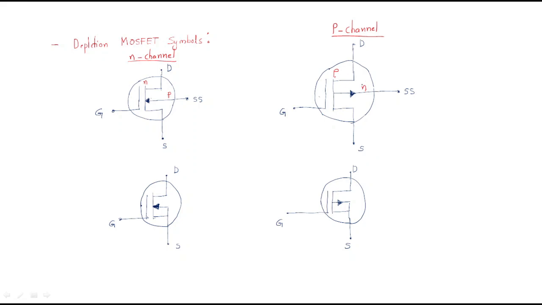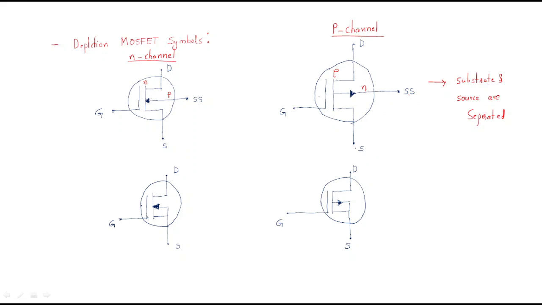The p channel and n channel are the same. The p channel and the gate are insulated from each other, that's why there is a gap between them. The source terminal is connected to this p type channel, and the drain terminal is also connected to the p type channel. Here the substrate and source are both separate, so we should write substrate and source are separated.